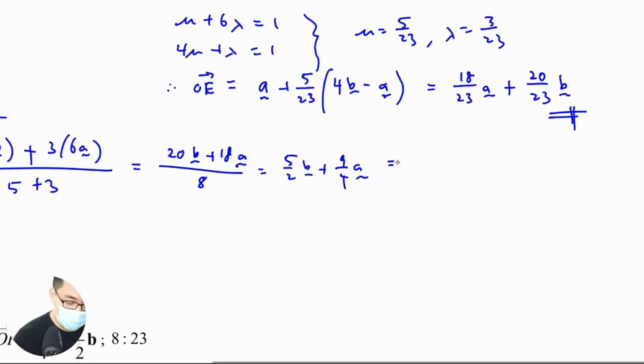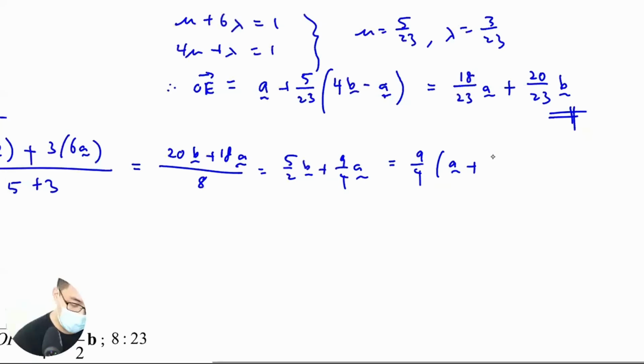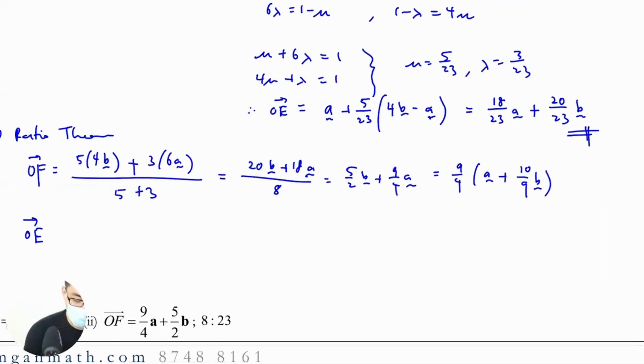So I'm going to factorize the 9 over 4 out. This will be A plus 5 over 2 divided by 9 over 4, which is 10 over 9. Okay, so if you're confused of how to manipulate, make this 1. Then same thing, make this 1.